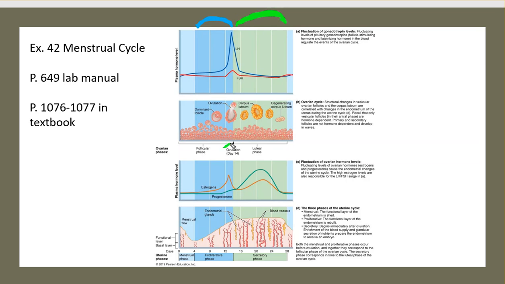It shows you where ovulation occurs, where the corpus luteum forms, the fluctuation of estrogen and progesterone, and the layers of the endometrium and what's happening with them. I think this is a really great overview graphic.